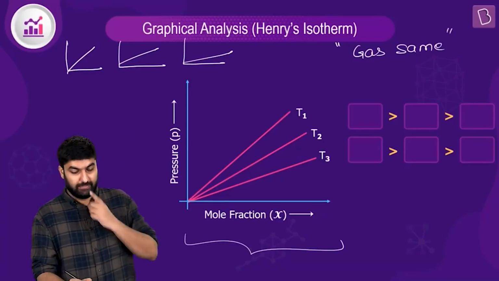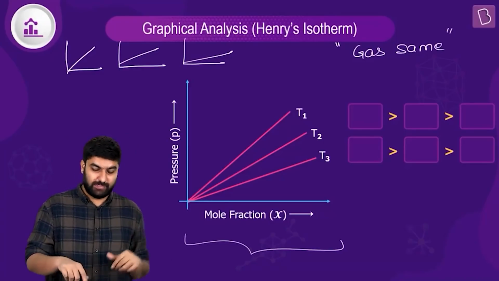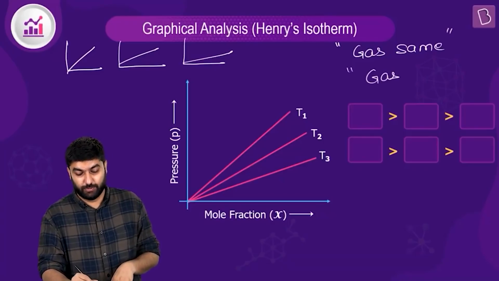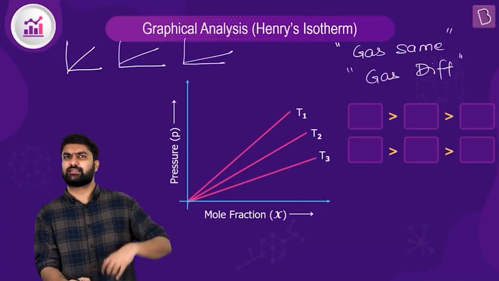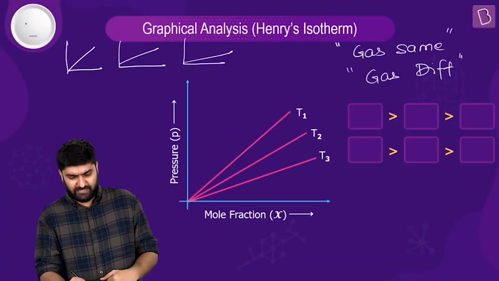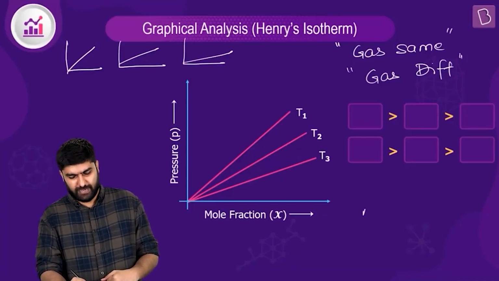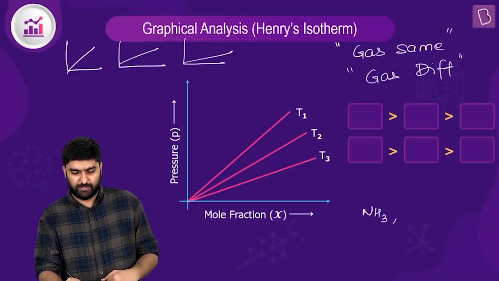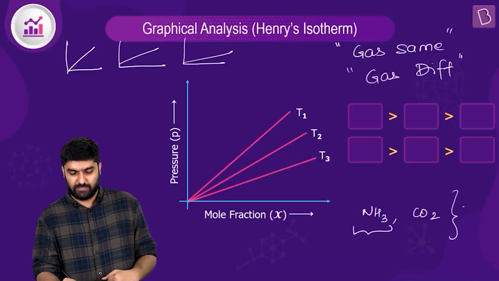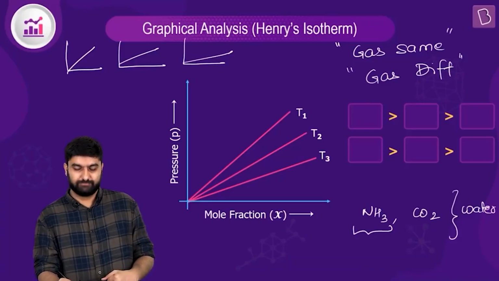Okay, fine. In fact, let's consider these two cases and handle it here only. So let's say we have two cases. One is the gas is the same and another is the gas is different. Let's say you take the case of NH3, and let's say you take the case of CO2, and the solvent for both of these is water, right?